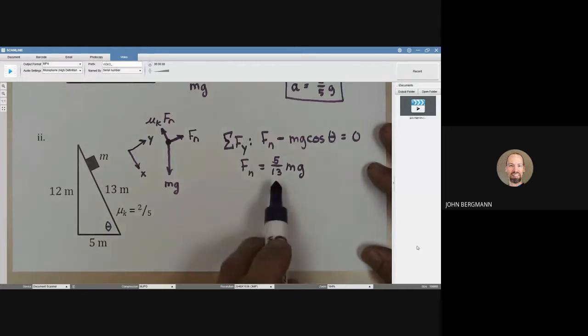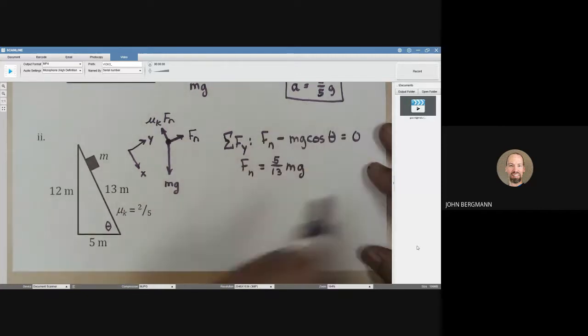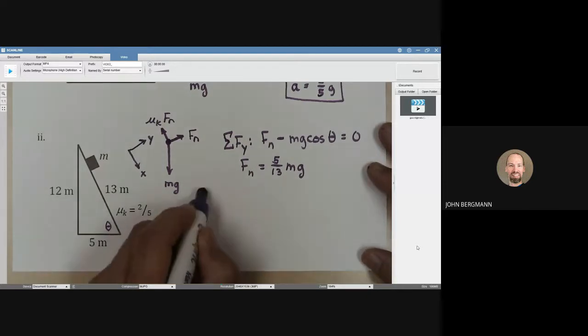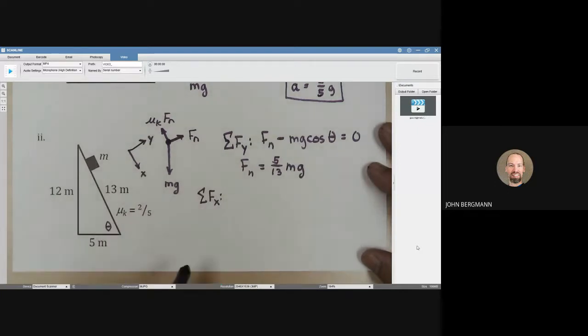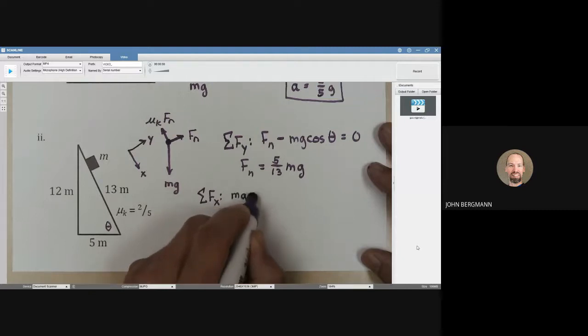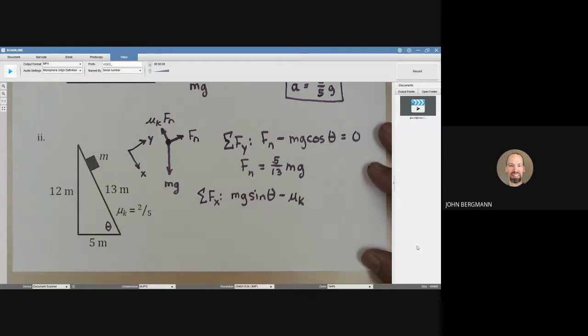Now that is going to come into play now, isn't it? It didn't in the first problem, but it is going to come into play here because we have friction, where we need to multiply the normal force times the coefficient of friction. Let's sum the forces in the x direction. Down the plane is positive, so I think we're going to go mg sine theta minus mu sub k times the normal force.